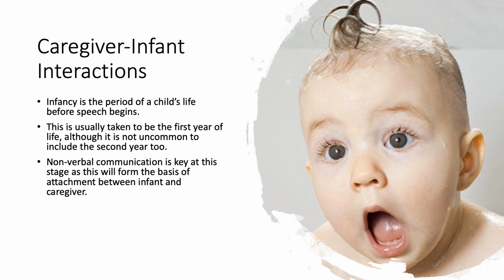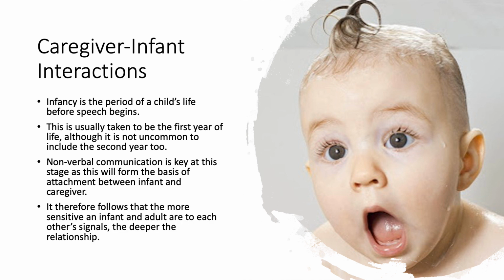And within this time, non-verbal communication is crucial to form this basis of attachment between infant and caregiver. So that means that the more sensitive an infant and adult are to each other's signals, the deeper that relationship is going to be.